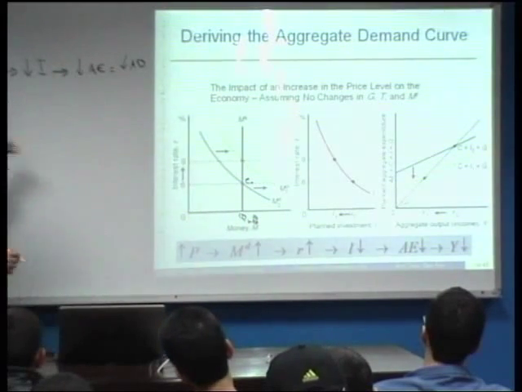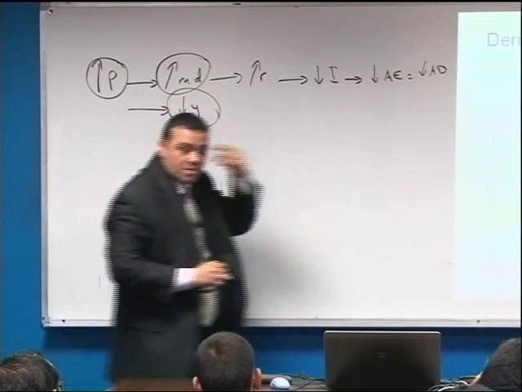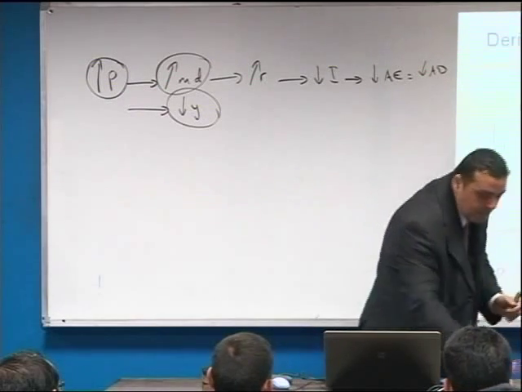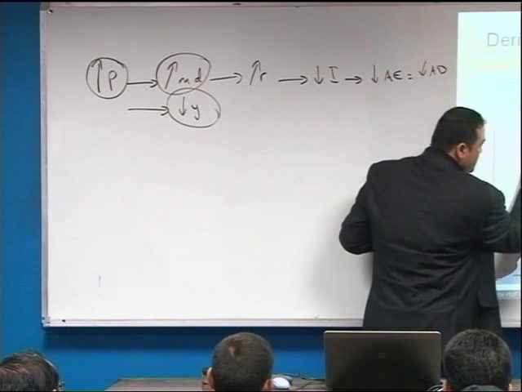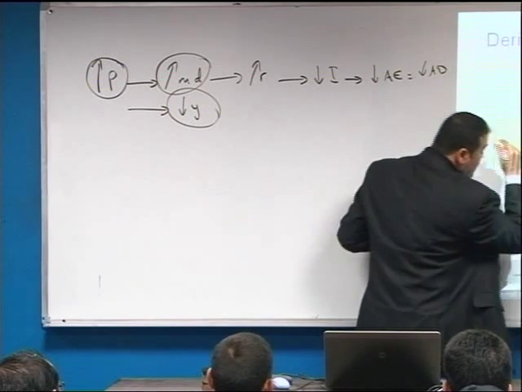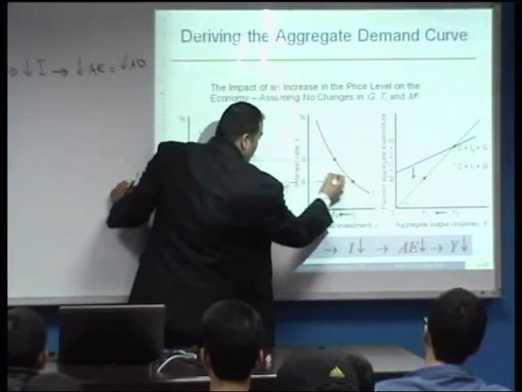When the prices increased, the money demand increased. So there is a rightward shift in the money demand curve from MD0 to MD1, which leads to E1, which leads to an increase in the interest rate.